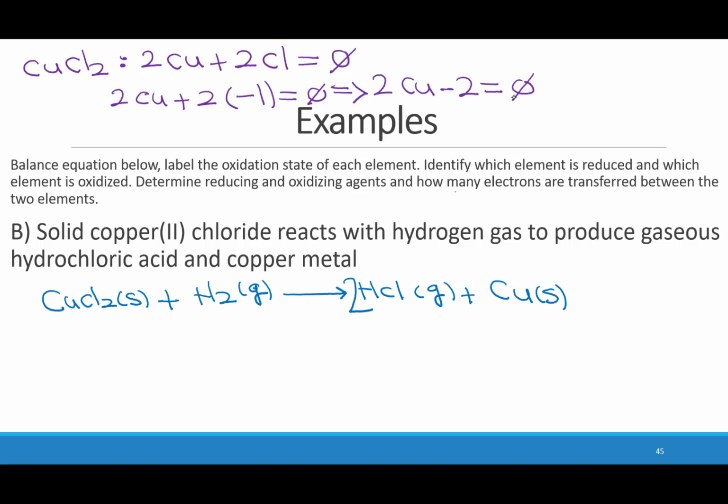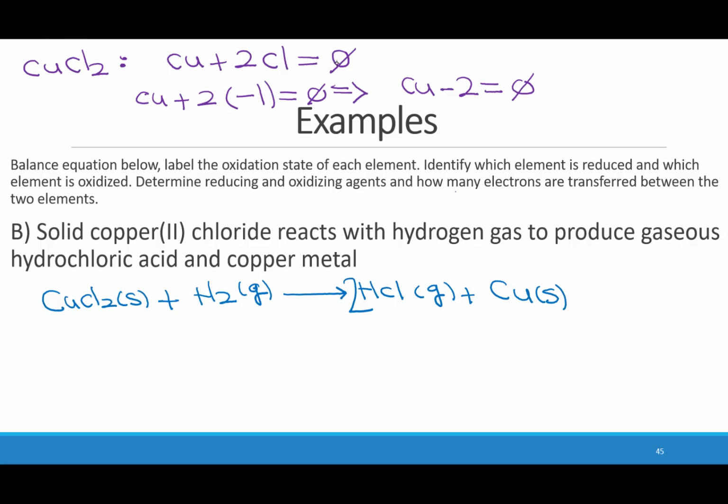Okay, you know what mistake I made? It's not 2 copper, it's only 1 copper. Look here, it was only 1. It's 1 copper, 2 chloride ion. Okay, that was a mistake that I made. There is no 2. Then going back, this compound consists of 1 copper ion, 2 chloride. It's a neutral charge compound.